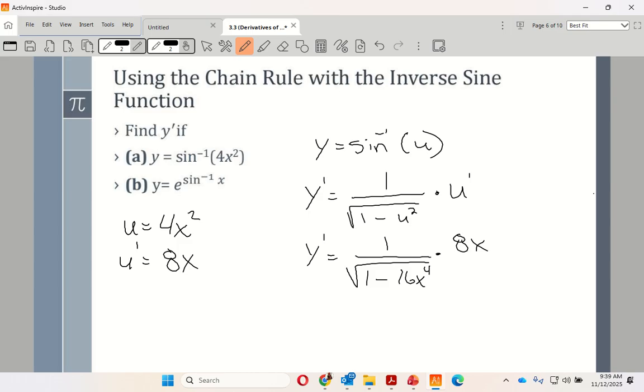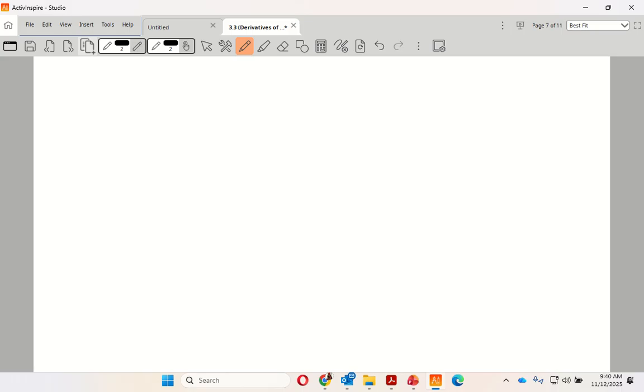Okay. So the y prime would be e raised to the arc sine of x times 1 over the square root of 1 minus x squared. We'll just get to the point of the derivative. Arc sine x. So you're going to say that u is equal to arc sine x.